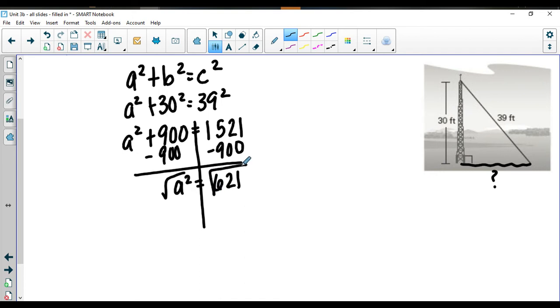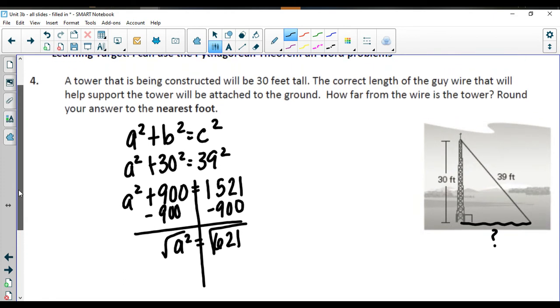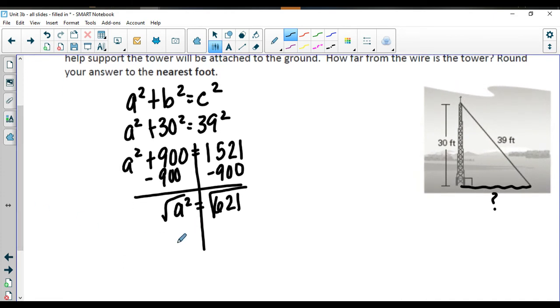And if we take the square root of 621, we get 24.919, and so on. It says round your answer to the nearest foot. So 24.9 would round up, and we're looking for whole numbers. So we would say 25 feet would be our final answer.